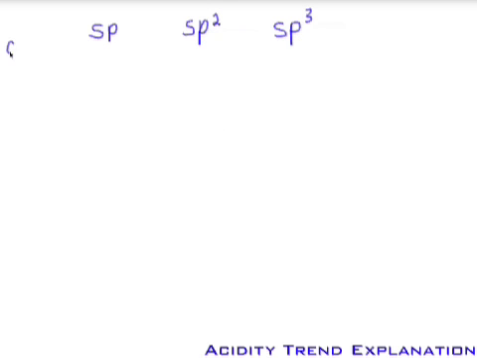Our percent S character in these orbitals is 50%, 33%, and 25%. Now the S orbital is less diffuse than the P, which means the sp, because it has more S character, is smaller.